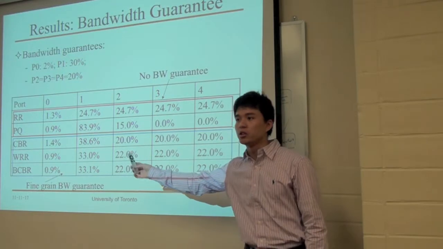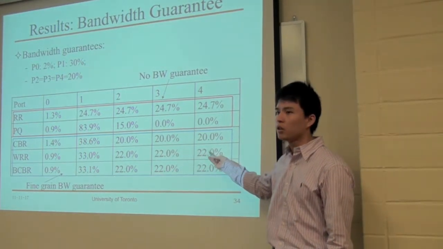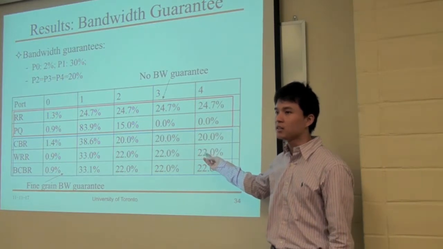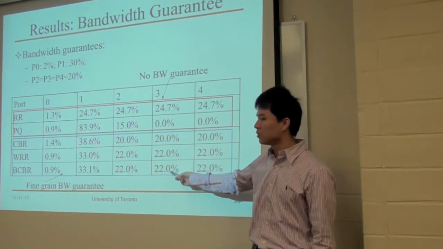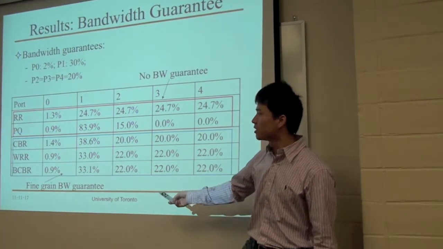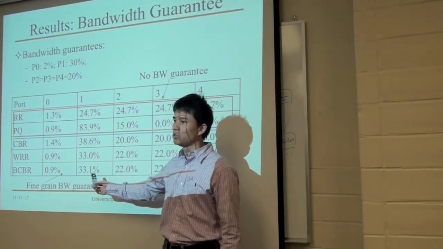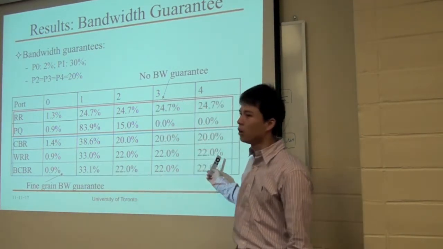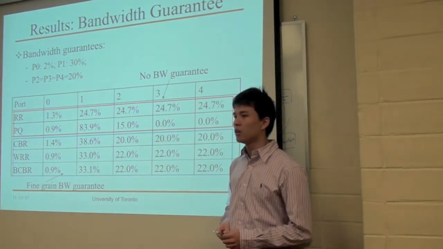Actually, the residual bandwidth is shared among all the rest of the ports for the WRR scheduler case. Also for the BCBR scheduler, the residual bandwidth will first be assigned to port 0. If port 0 doesn't use up all the residual bandwidth, it will be shared among all the other ports. Because port 0 has the higher priority here?